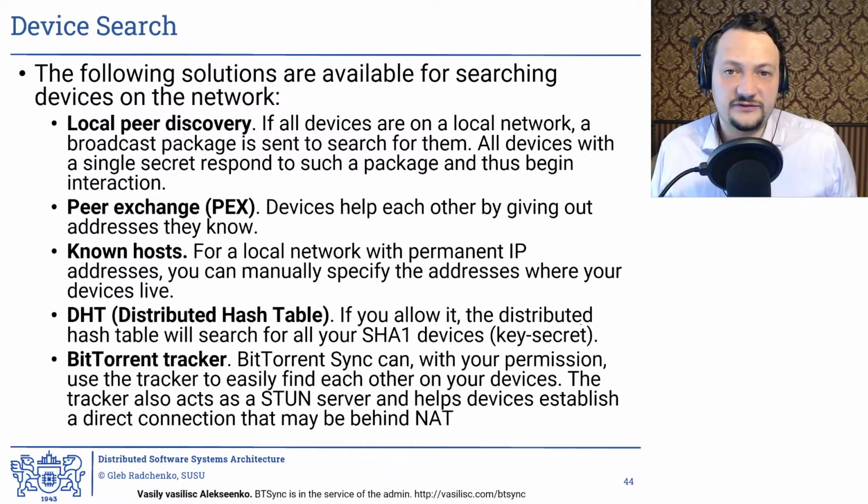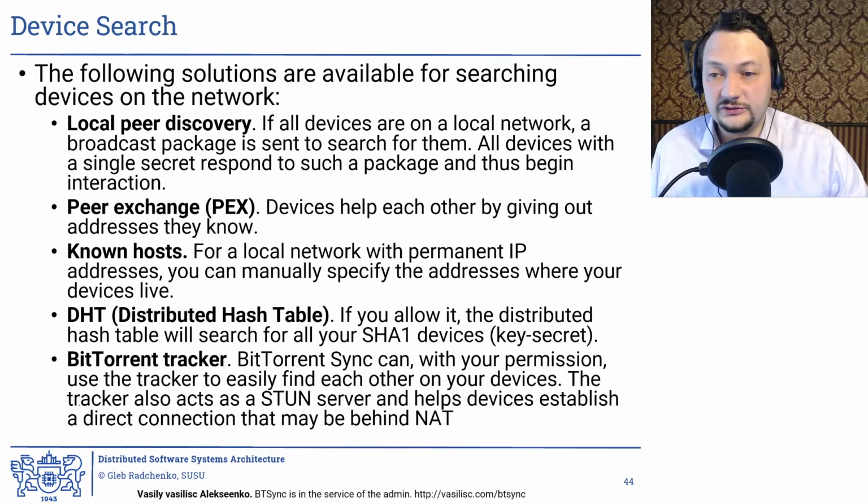It can save the information about known hosts. It also can use a distributed hash table to find the nodes that are yours and to distribute the data between them.